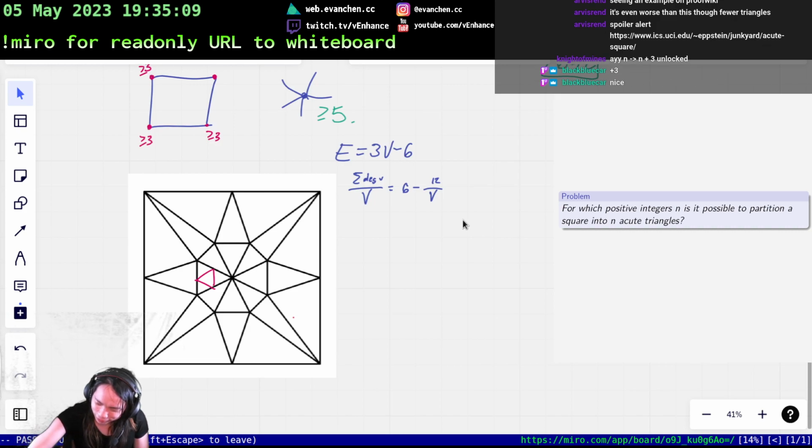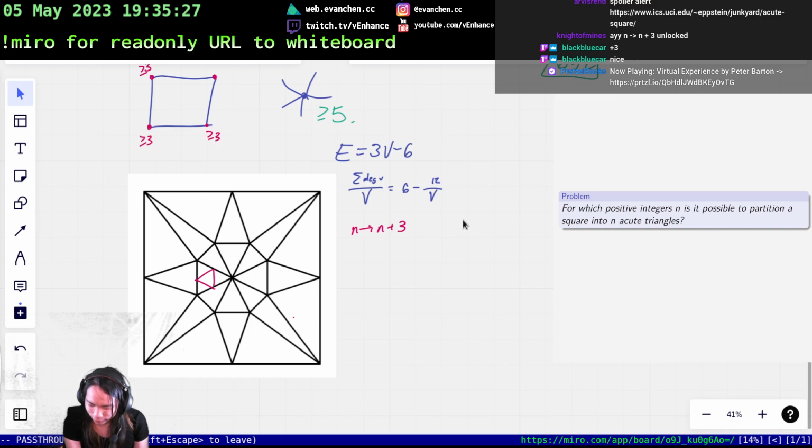So if you have a construction for n, you can go to n plus 3, which means that I need to figure out what the smallest ones are, and then you get the rest. So for really small n, it's just not gonna work, either for degree reasons or just there's not enough points.